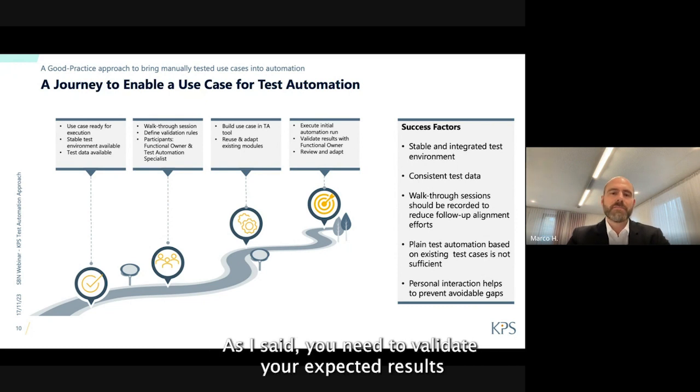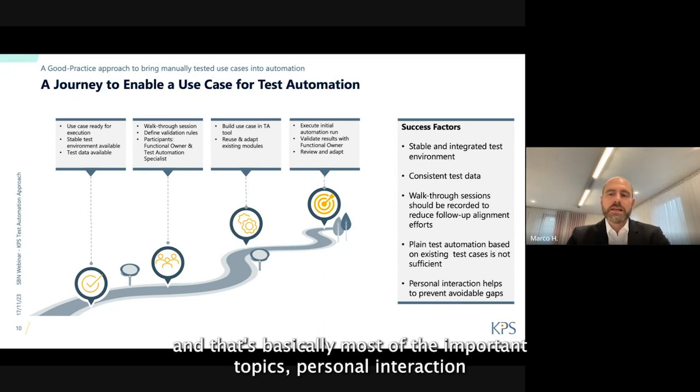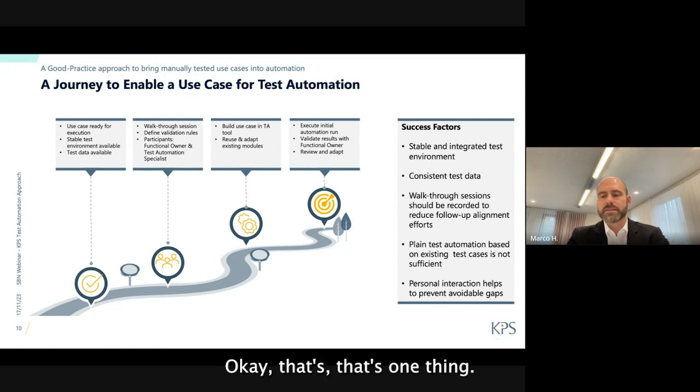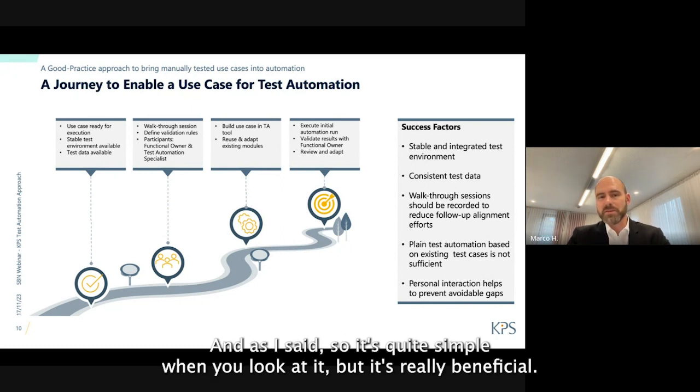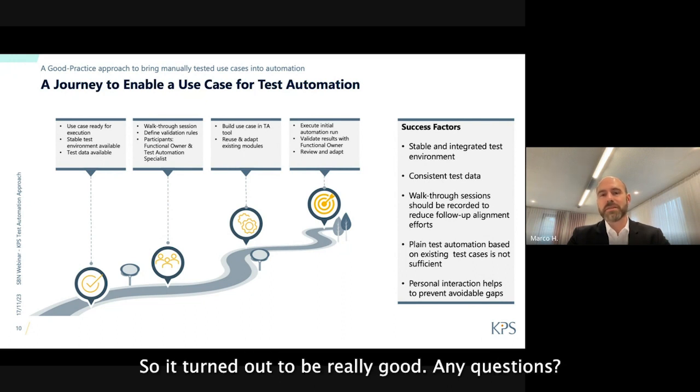As I said, you need to validate your expected results. And that's basically most of the important topics. Yeah, personal interaction, okay, that's one thing, but the other ones are even more important. And as I said, it's quite simple when you look at it, but it's really beneficial. So it turned out to be really good.